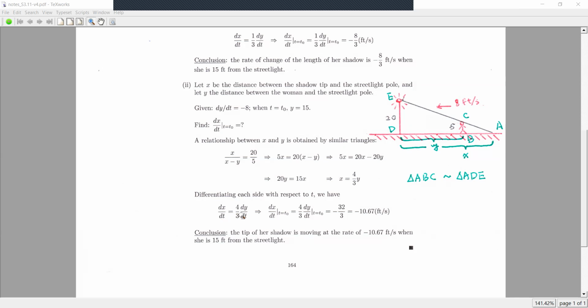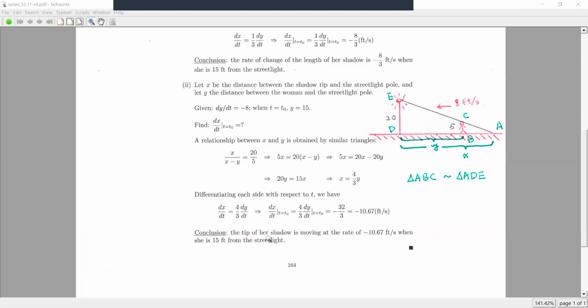Evaluate both sides at the time t0. dy/dt is negative a, which doesn't depend on the time. Plug in negative a for dy/dt here, then I have this equation. This number is negative 10.67. Now, conclusion.